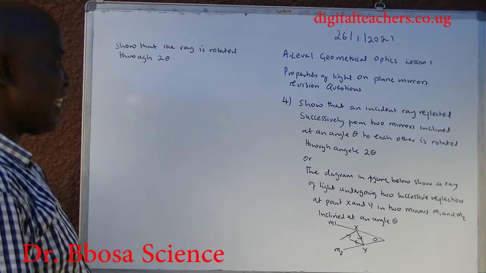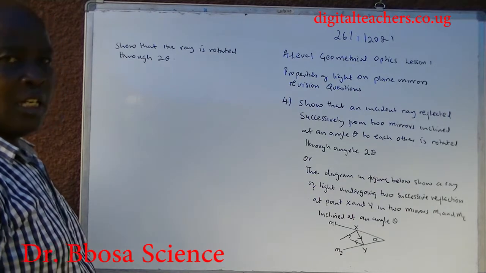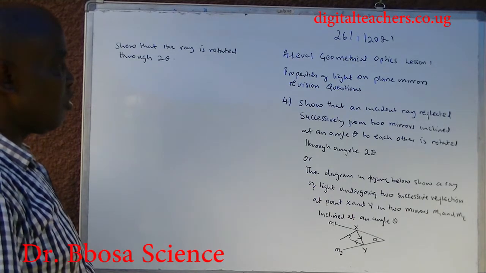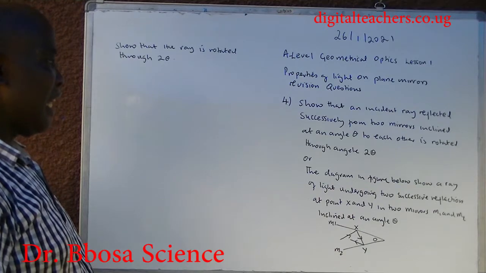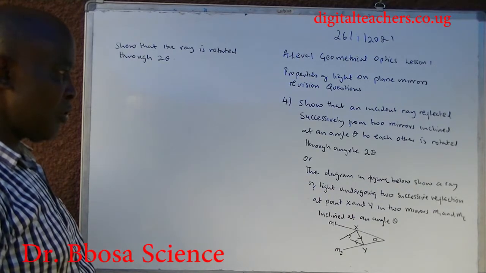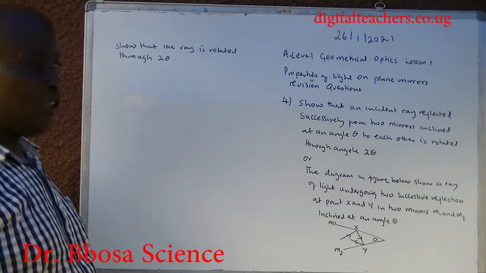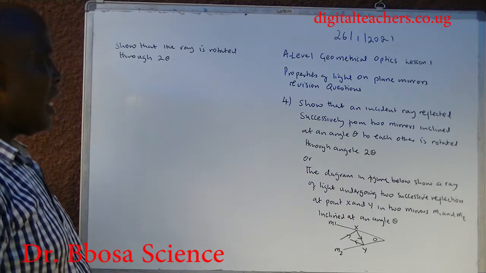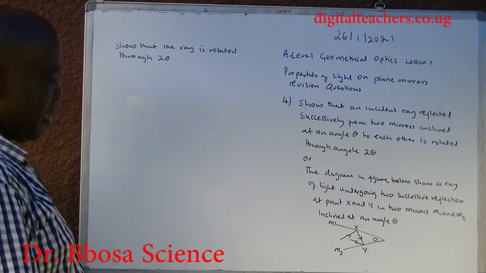Number 4, show that an incident ray reflected successively from two mirrors inclined at an angle theta to each other is rotated through angle 2 theta.